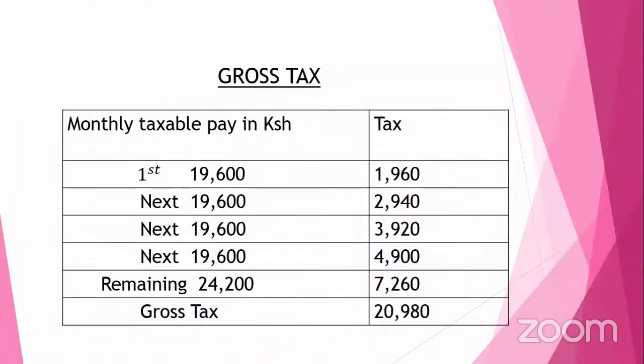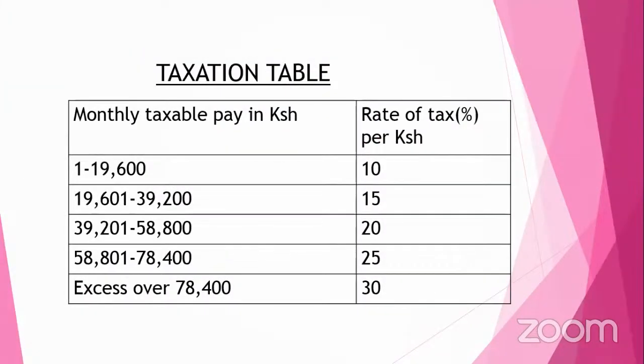However, when we start taxing, you look at the gross taxable income and ask yourself how far it will go in this taxation. In this case, our gross taxable income is 102,600, so we came here and said the money will be taxed all the way to the last slab.